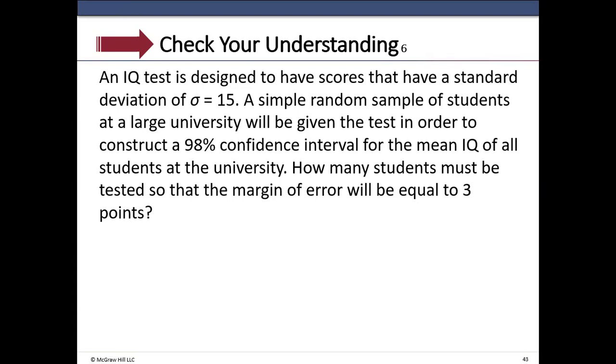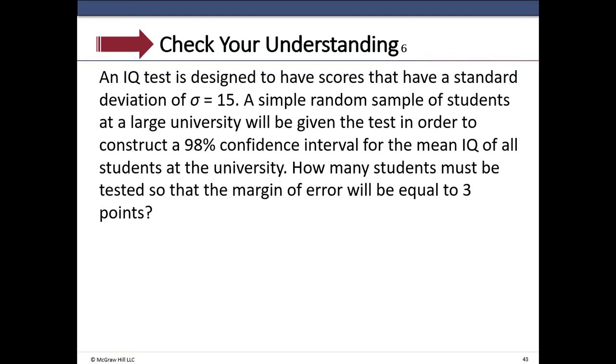So the area in each tail, because of symmetry, is 0.02 divided by 2, 0.01. Hence, the area to the left of the right critical value is the area in the center, 0.98, plus the area in the left tail, 0.01. It's not 0.02, it's 0.01. So 0.98 plus 0.01 is 0.99.